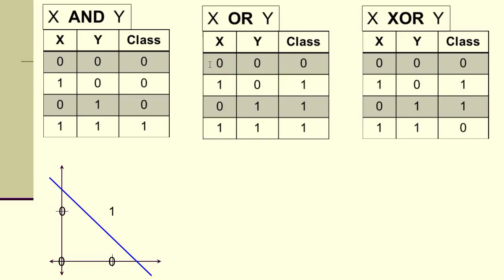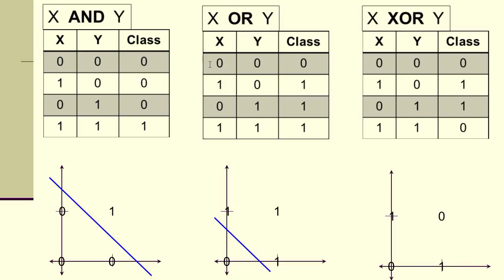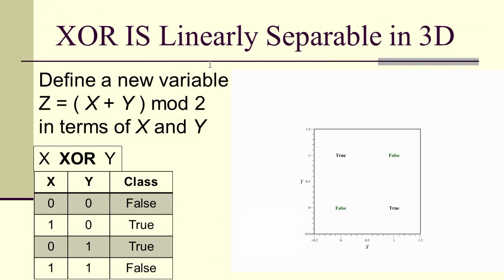And you can see all we have to do is isolate the upper right vertex labeled 1 from the 3 that are labeled 0. Similarly, the OR is linearly separable. But the XOR is not. There's no way to draw a line that separates the 1s and the 0s.